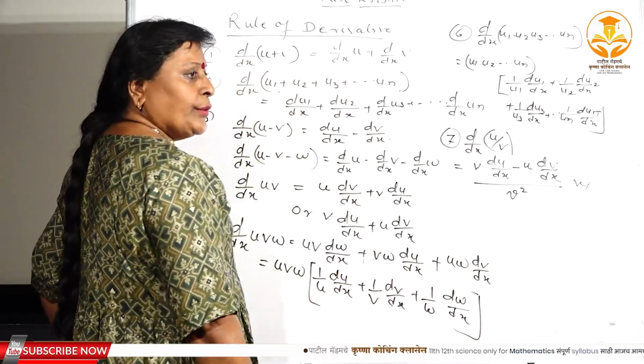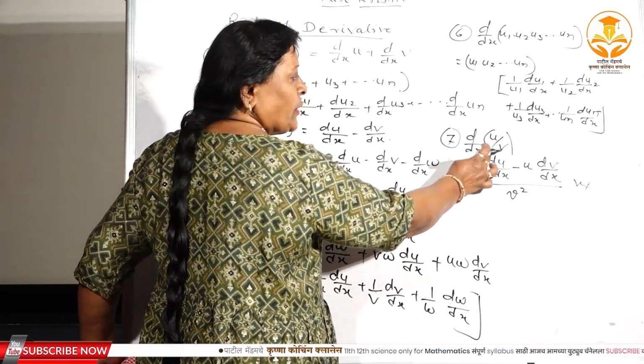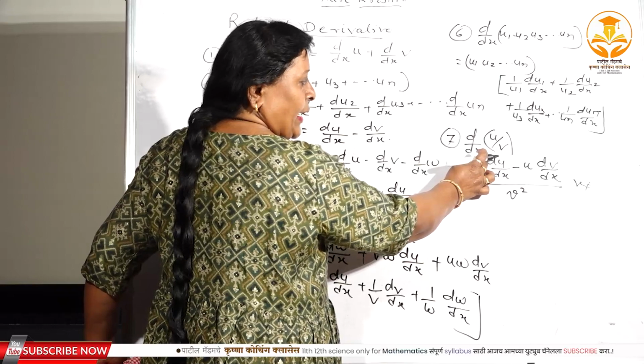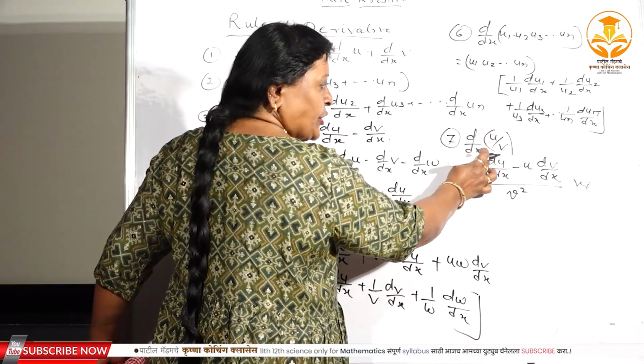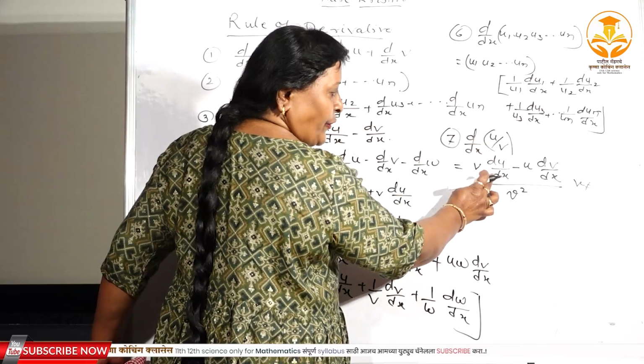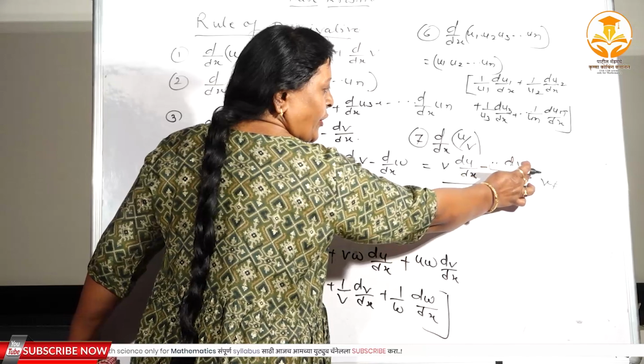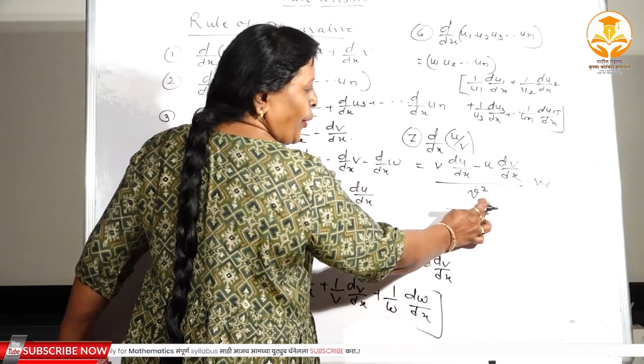Then and only then you can find out the derivative if there is a quotient of two functions or the division of two functions. It's again very important. In the division of two functions, denominator remain as it is, take the derivative of the numerator minus numerator remain as it is, take the derivative of the denominator divided by denominator square.